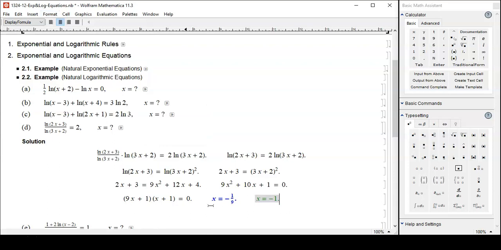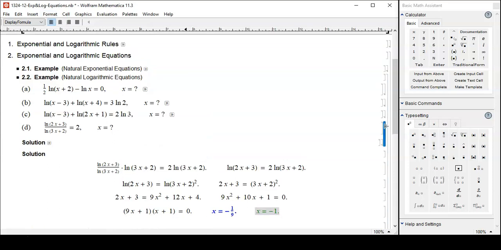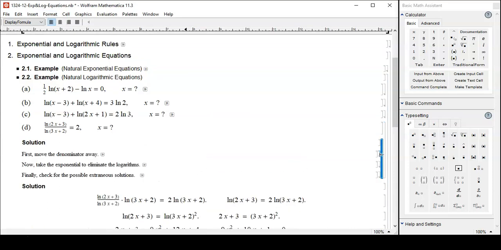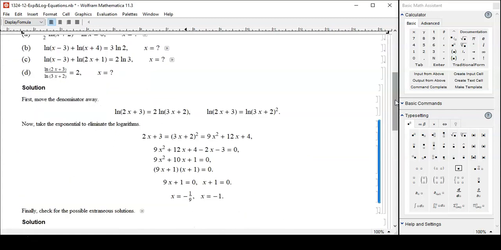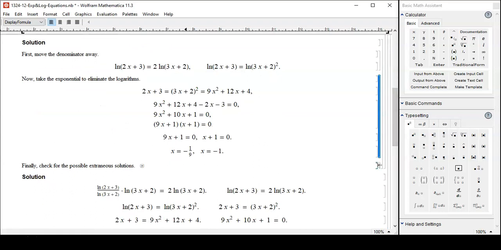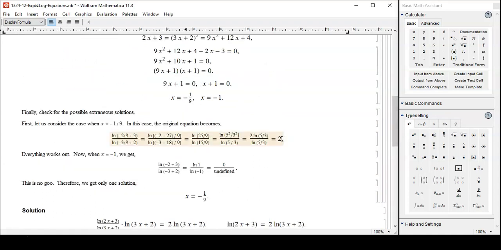This one works. So for negative 1/9, okay. For negative 1, no.